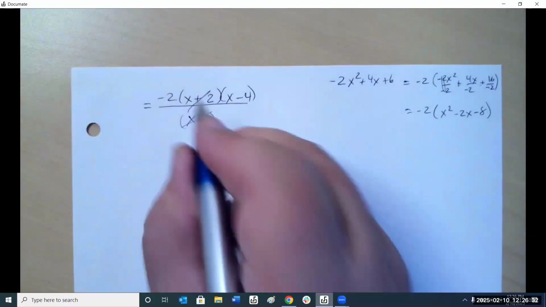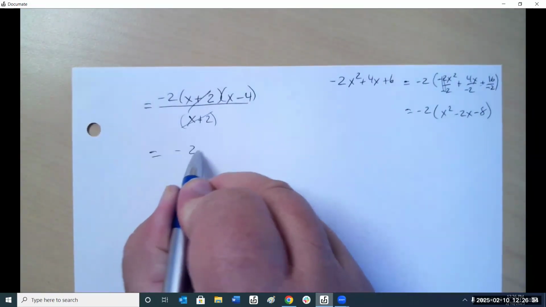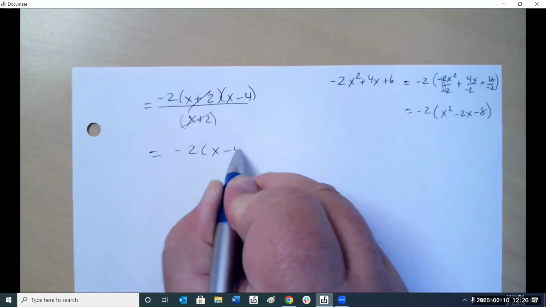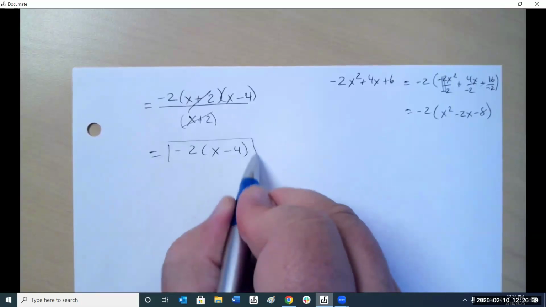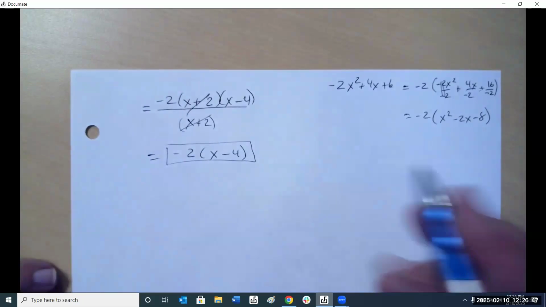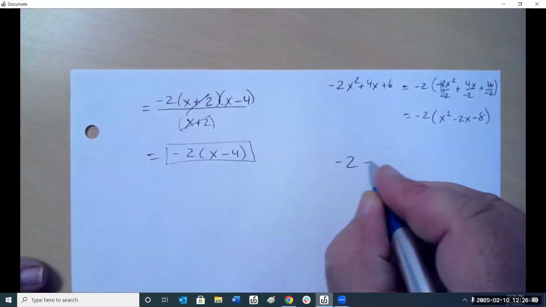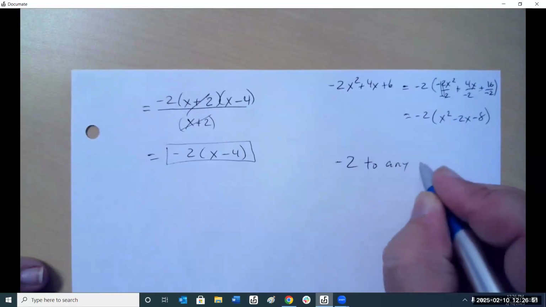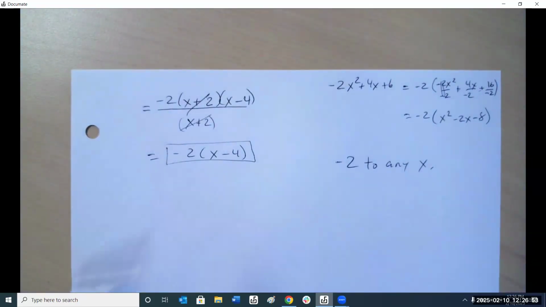So the x plus 2's cancel. So I have -2x minus 4. There is my average rate of change at any point along the curve. From -2, this one is from -2 to any x. My slope is that equation.